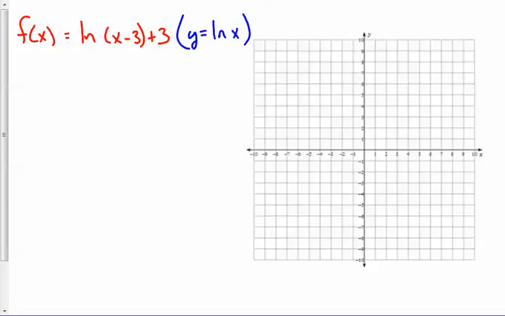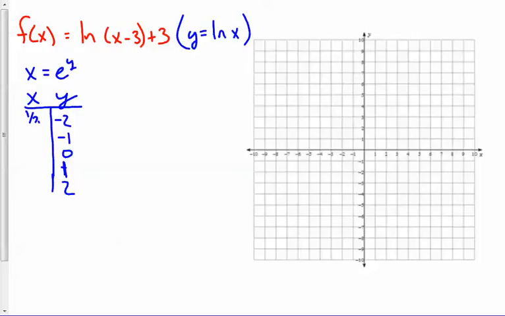And that, written in exponential form, we'll say x equals e to the y. And again, we can pick x and y values, but since y is my exponent, y is what I would choose for my values. And again, it's going to look very similar to the exponentials, except that the x and y values have been changed.